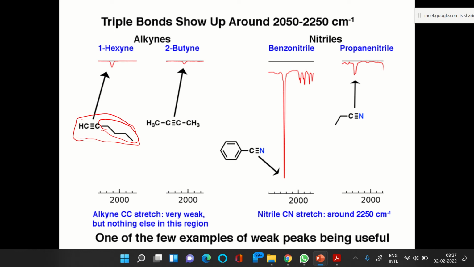And if it is totally symmetric, it may not be observable, or may be very very faintly observable in some cases. So it is very weak. We say that CC stretch is very weak, but if it appears, you can easily find out CN stretch.